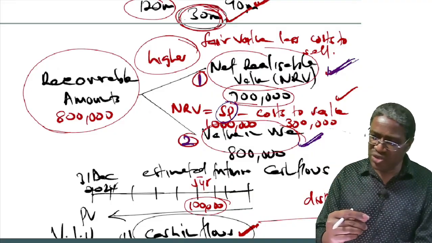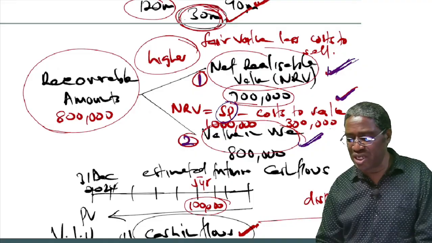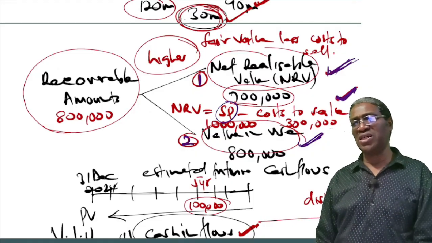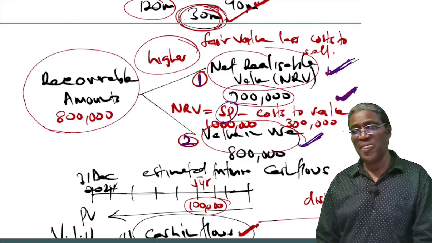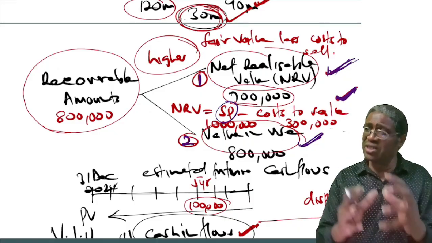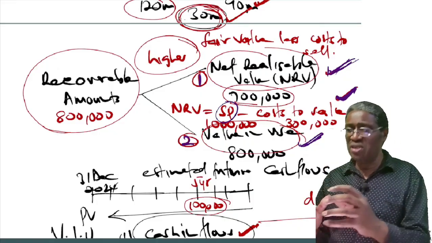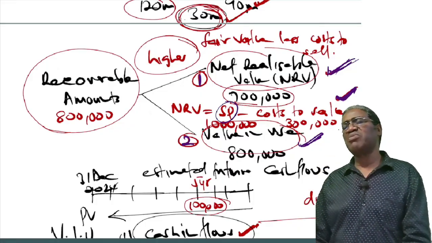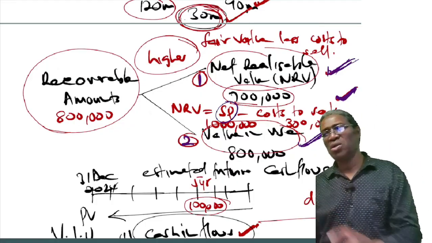Take the selling price of the asset and you minus any cost to sell. Whatever you remain with becomes the net realizable value.